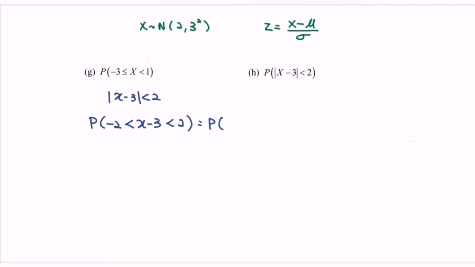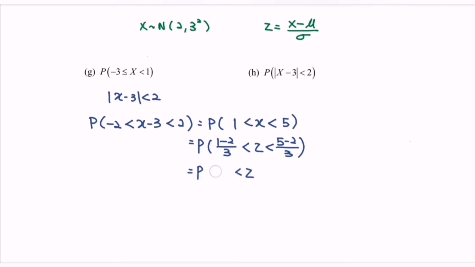So the probability that x is greater than 3 minus 2, which equals 1, and less than 2 plus 3, which is 5. Next step is to standardize the situation. So the probability that z is greater than (1 minus 2) over 3 and less than (5 minus 2) over 3. Simplify: z is greater than -0.33 and less than 1.